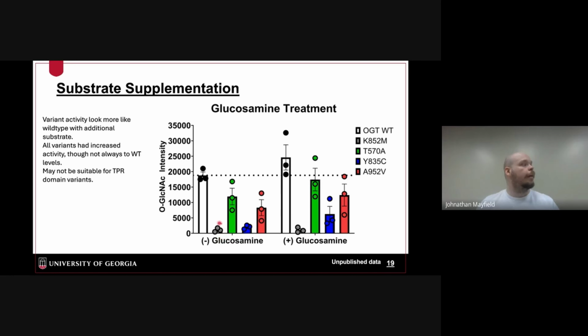And we also have overexpression of K852M. So this is not something you would see in patients ever. It has zero activity. When we added glucosamine, you can see that one doesn't go up. If you have zero activity to begin with, you add more substrate to try to increase it, it's still going to be zero. But yeah, this is overexpression.